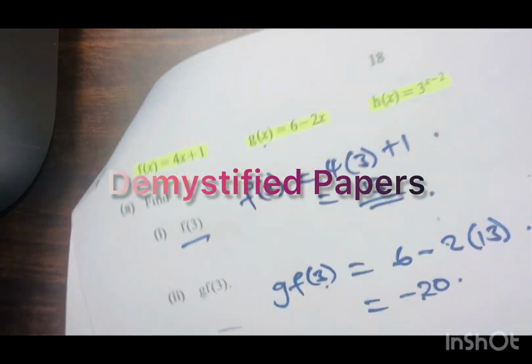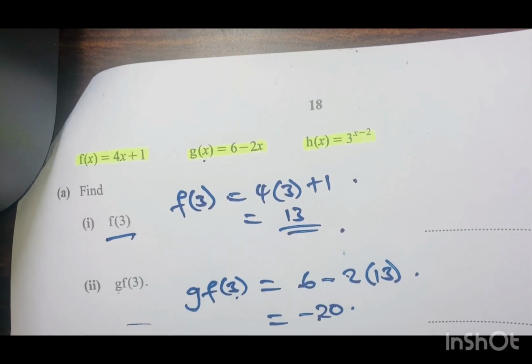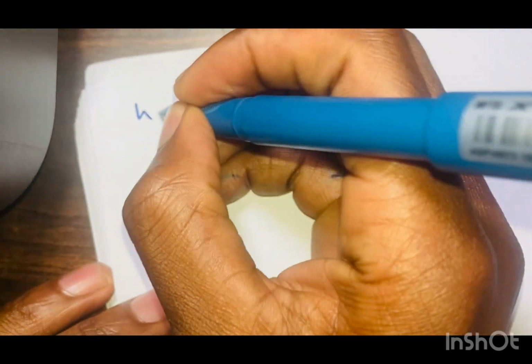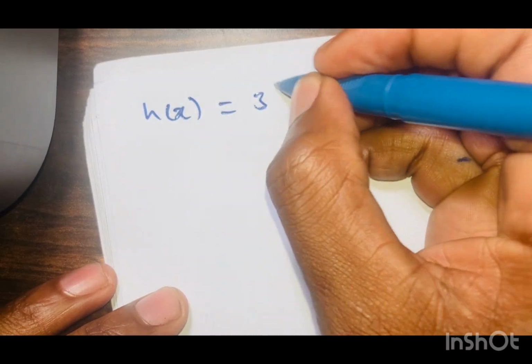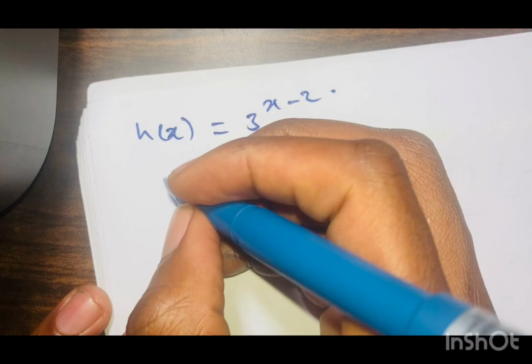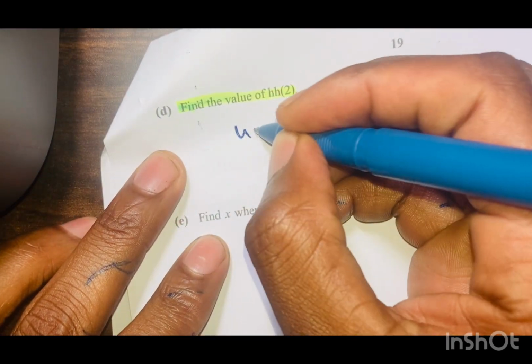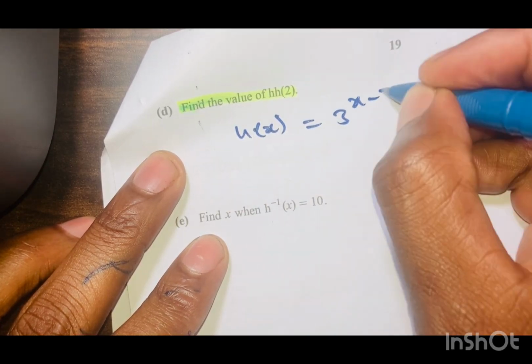According to the question paper here, h of x is equivalent to 3 to the power of x minus 2.